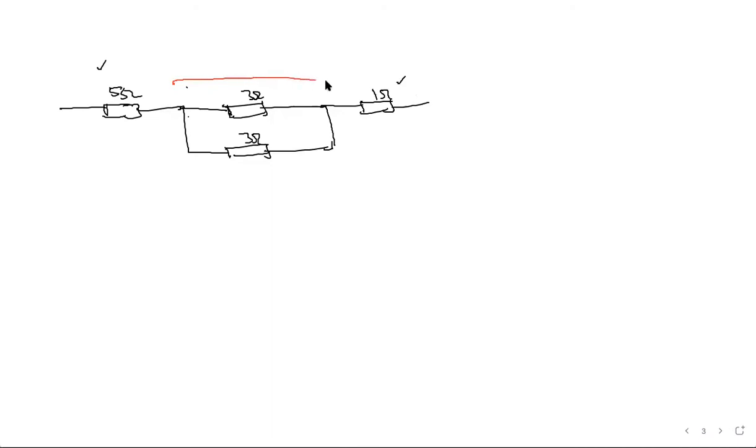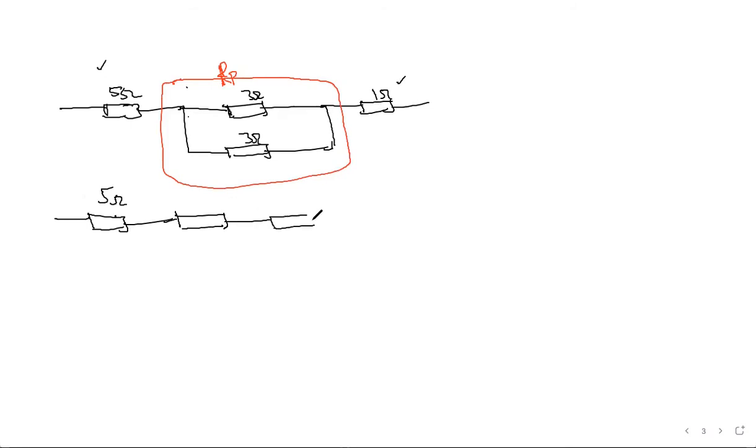If I combine these two resistors, the parallel ones, let's say I get RP, the resistance for the parallel ones, then I'll combine that with the series ones. So I will have something that looks like this: 5 ohms, 5 ohms, then RP here, and the 1 ohm here.